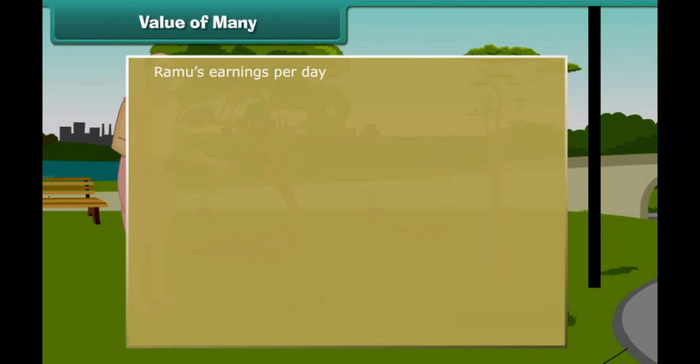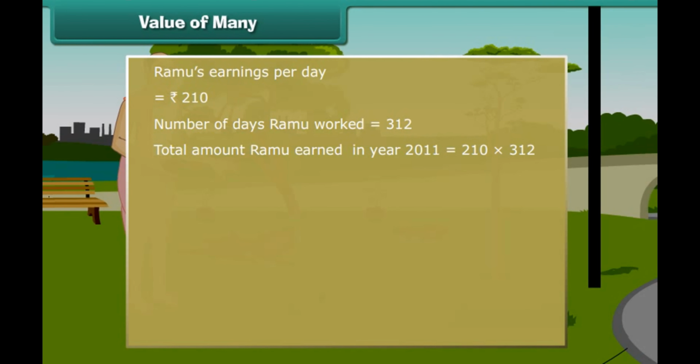Ramu's earnings per day is 210 rupees. Number of days Ramu worked is 312. Total amount Ramu earned in year 2011 is 210 into 312. Let us break the multiplication into 4 steps. First, we multiply 200 and 300.